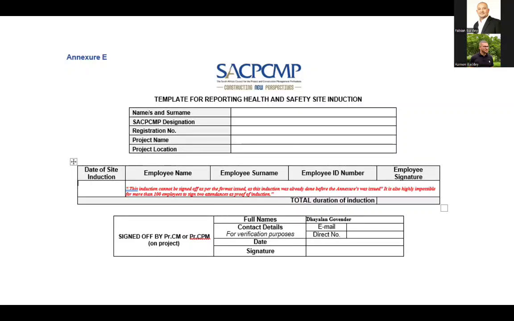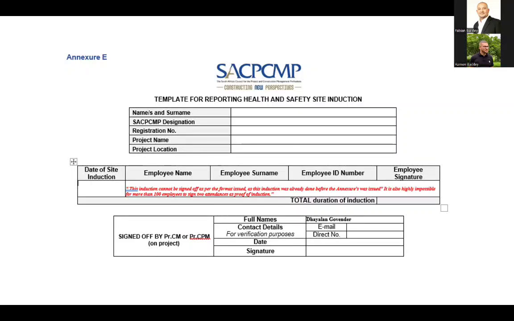So all you will do, you will make a little note inside your block or inside that section, that row, exactly mentioning the exact same thing, where you will then attach the company's attendance register where your information as the presenter was mentioned on the induction attendance register with all the employees' information.